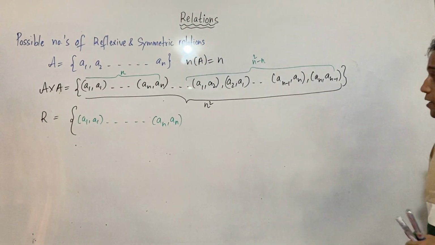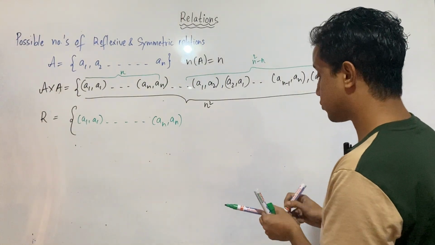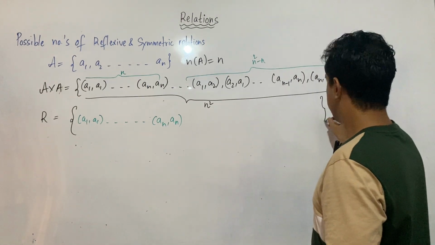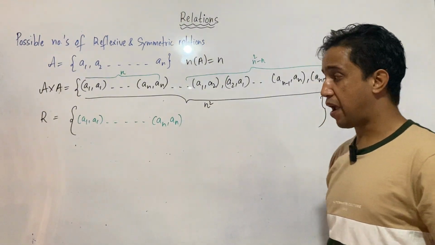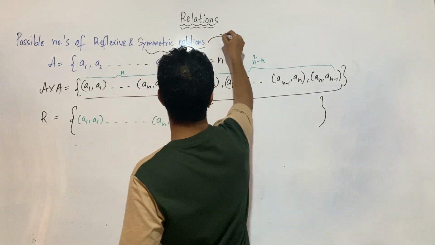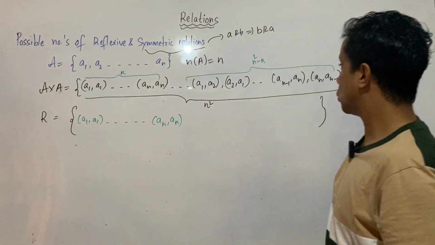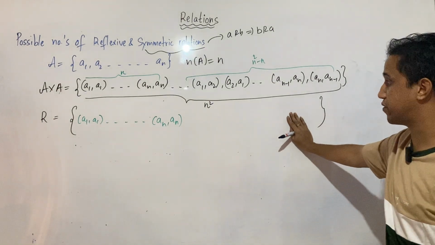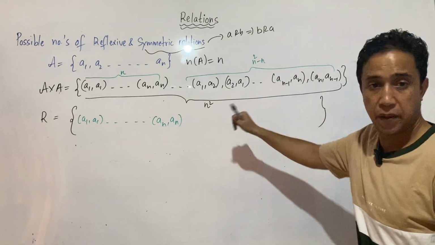But now, see here, what would happen? If this relation has to be symmetric, then these elements have to come here, and they have to come in pairs, because a symmetric relation says that if A is related to B, then B must be related to A. So if this relation has to be symmetric as well as reflexive, then these pairs will decide the nature, right?